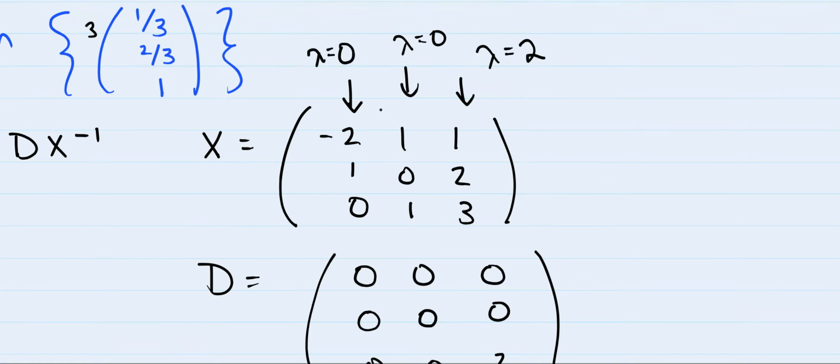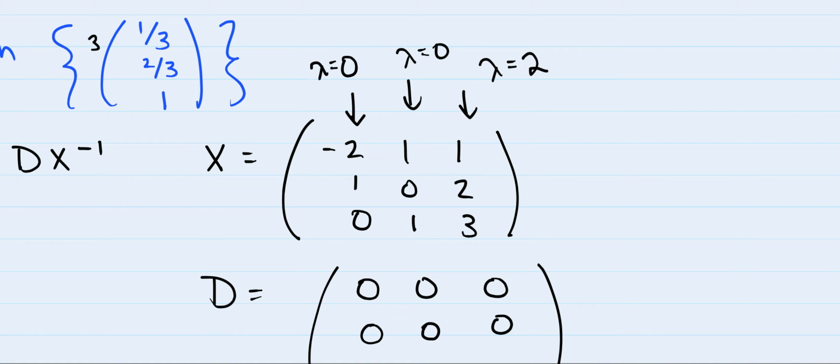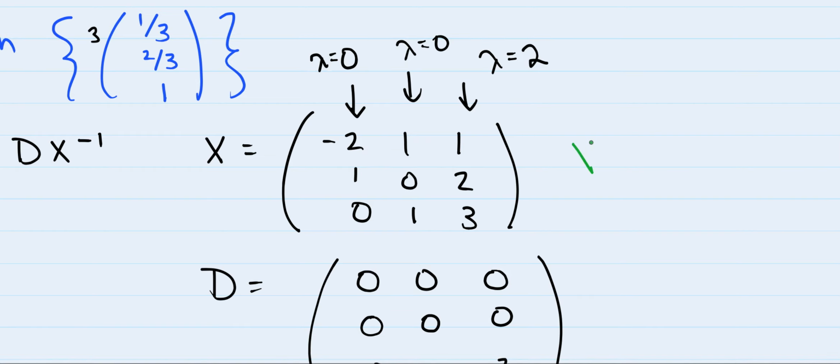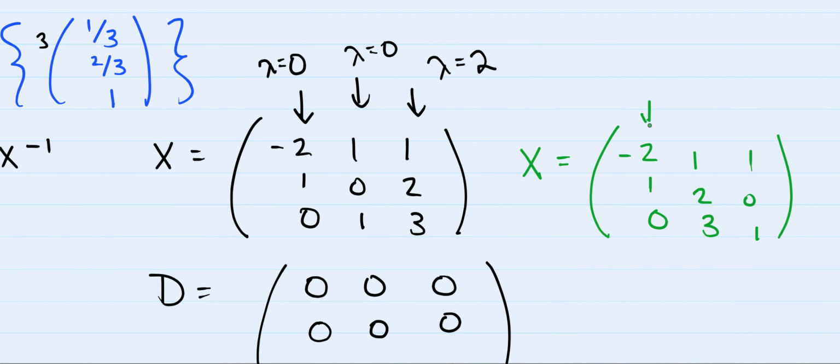By the way, if you want to, you can mix these up. You can say X is, let's say, -2, 1, 0, 1, 2, 3, 1, 0, 1. So this one goes with lambda equal to 0, this one goes with lambda equal to 2, and this column goes with lambda equal to 0.